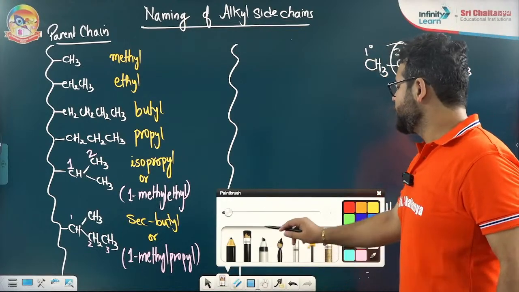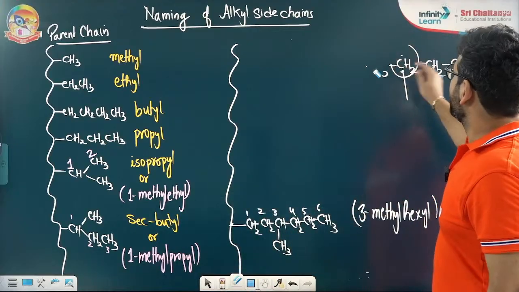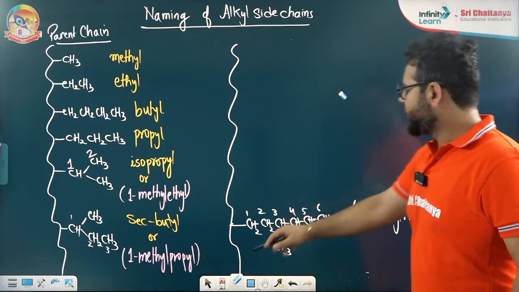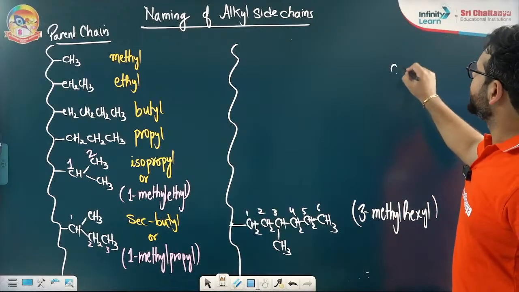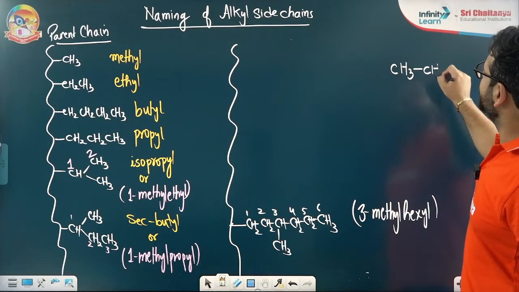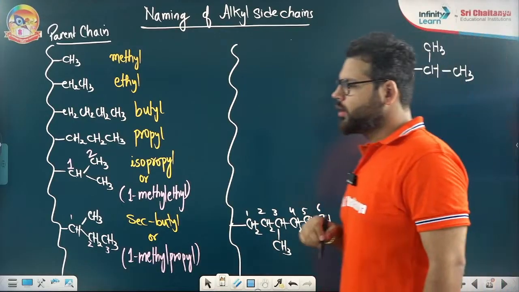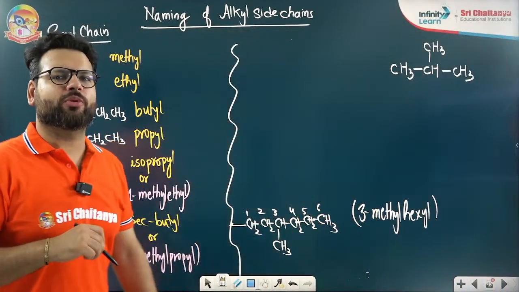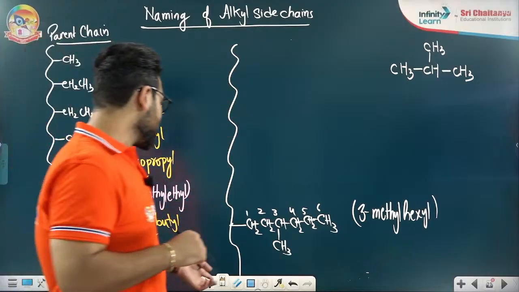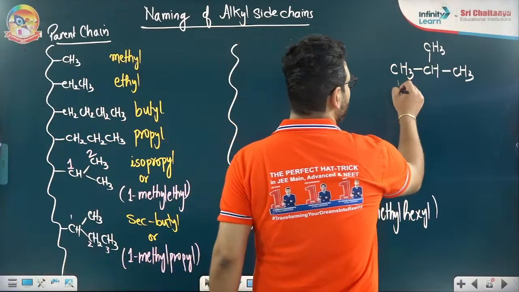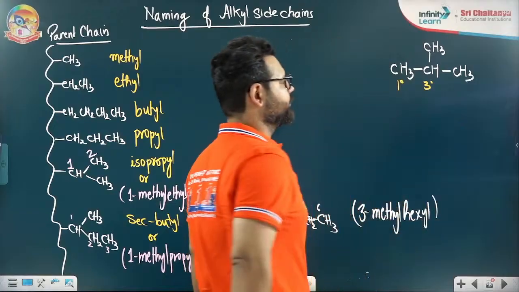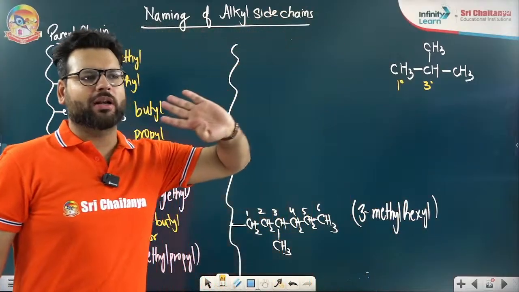Then let's do a few more. Coming from isobutane. This is isobutane, an isomer of butane. If you look at isobutane, there are two types of hydrogen I can remove. This is a primary hydrogen. Primary, all are the same only.